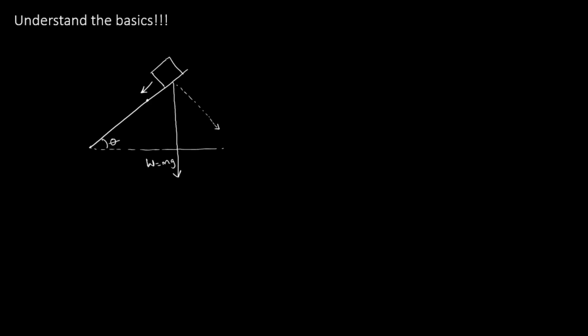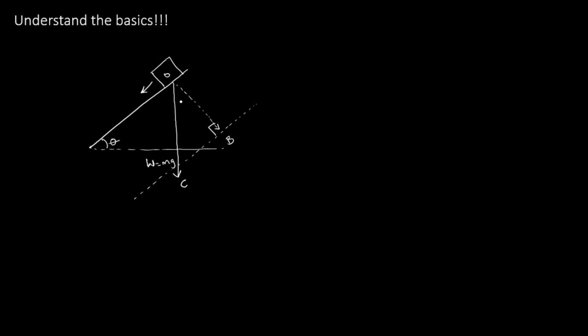Now, the component which is parallel to the plane can also be drawn along this axis, thus giving us a right angle triangle here. Let's call this O and let's call this B. Let's call this C. So our triangle OBC is a right angle triangle.